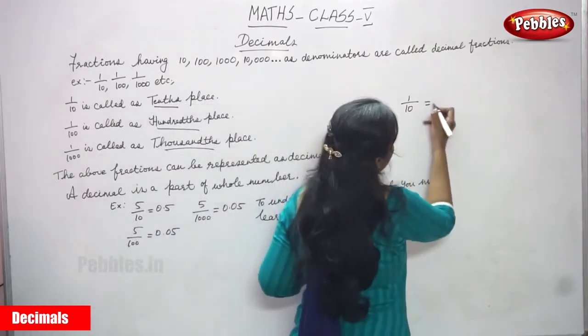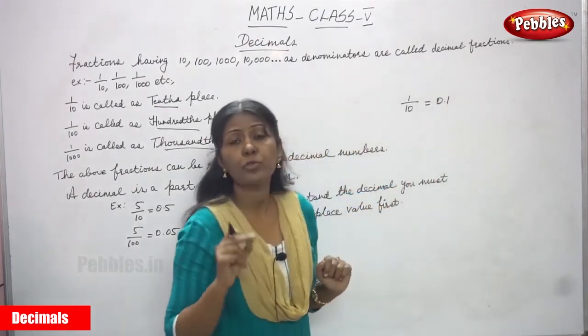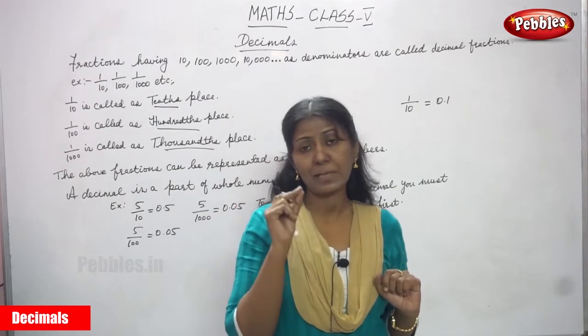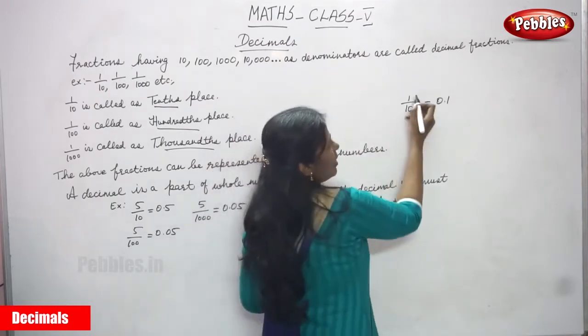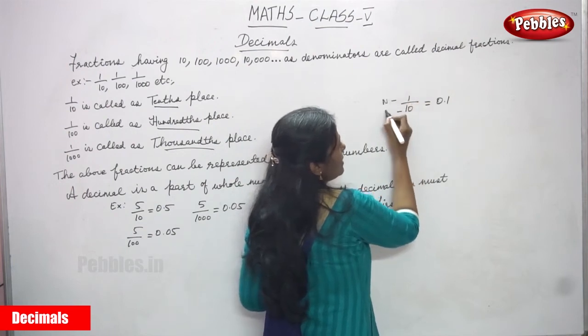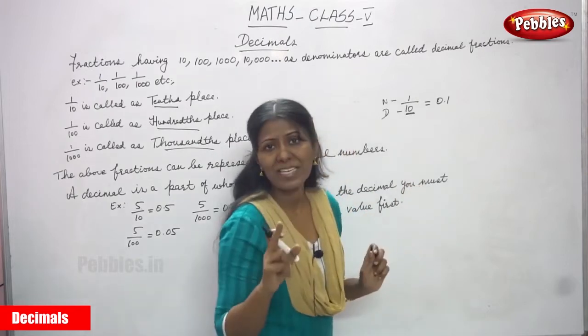So what is the answer? 0.1. Decimal means you have to put 0, and after that put a point. That point is called a decimal point. So 1 by 10: 1 is the numerator and 10 is the denominator. How many zeros in 10? Only one 0.